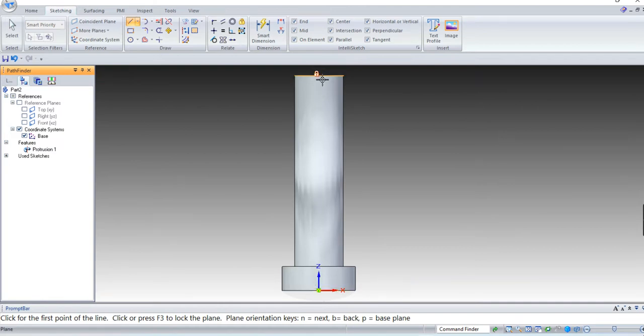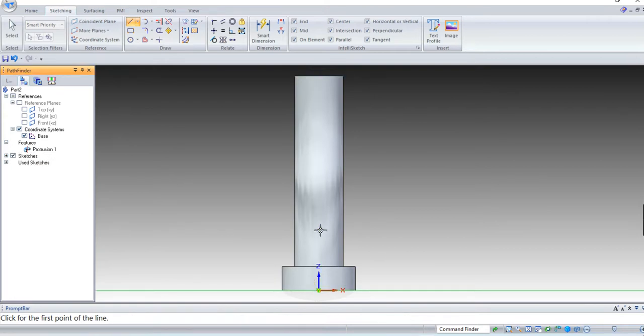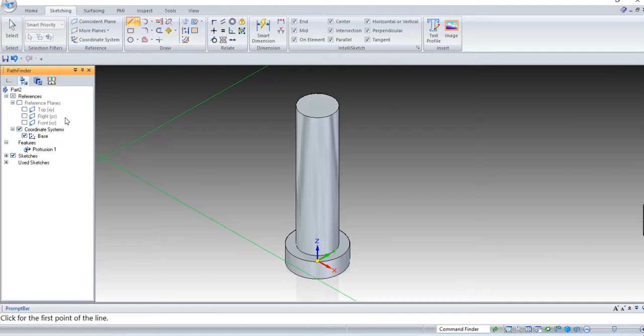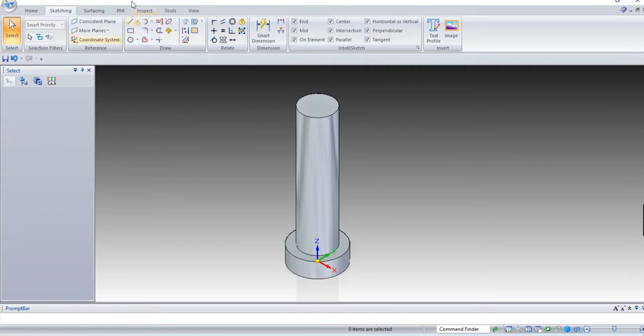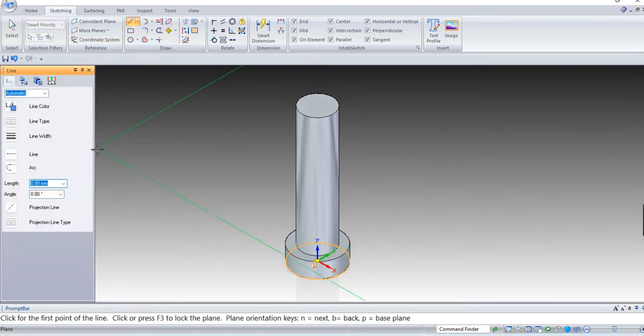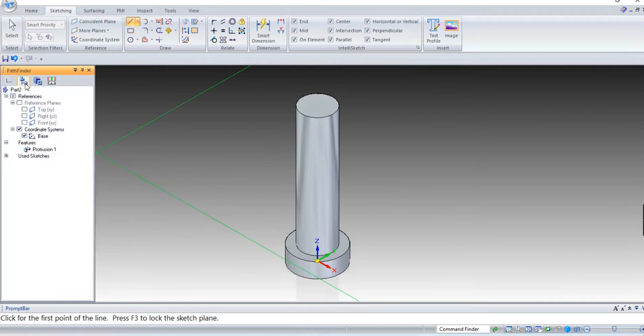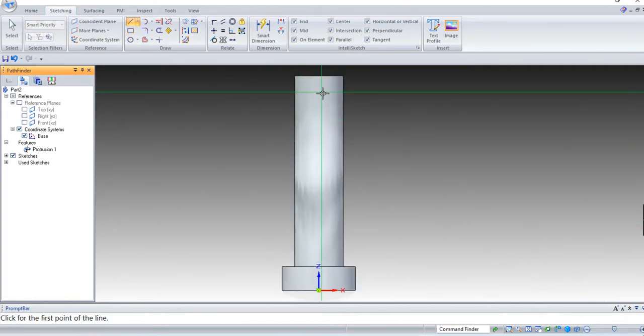From exact center point, draw one vertical line.